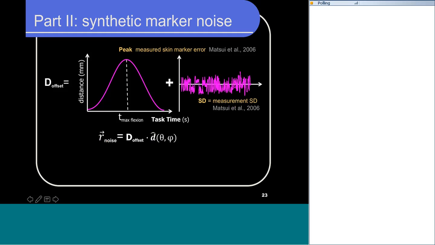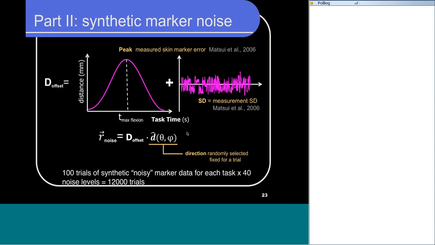Now we have a 3D vector, and we add that to the marker. So this is our noise that we add to the marker, and we hold the direction constant for every marker over the complete trial. So we get the direction randomly, and then we fix it for the complete trial. And then to test the whole space of possible distortions that you could get, we do 100 trials.